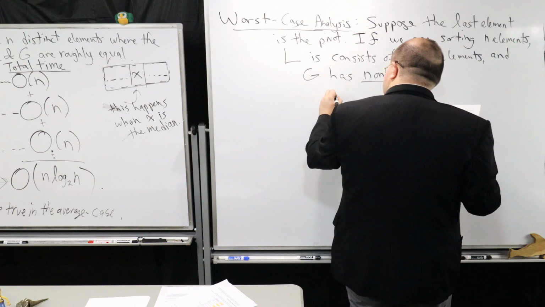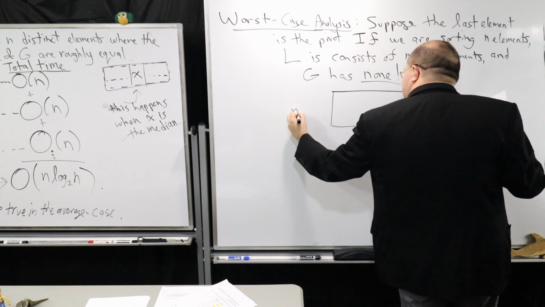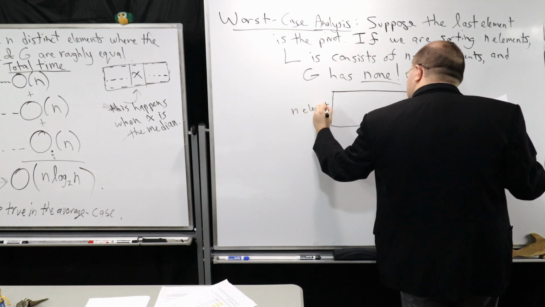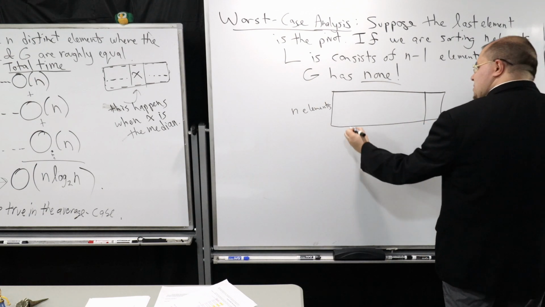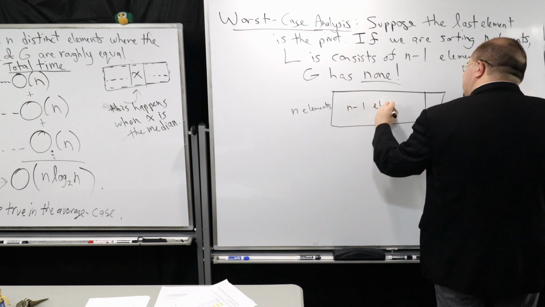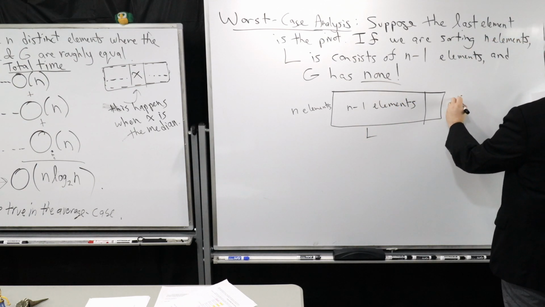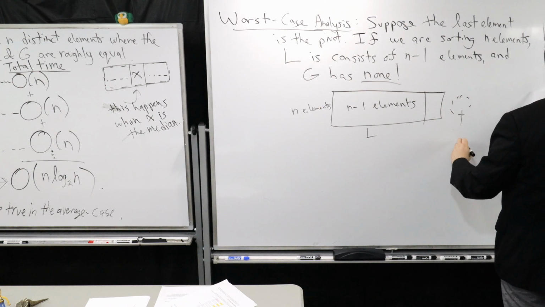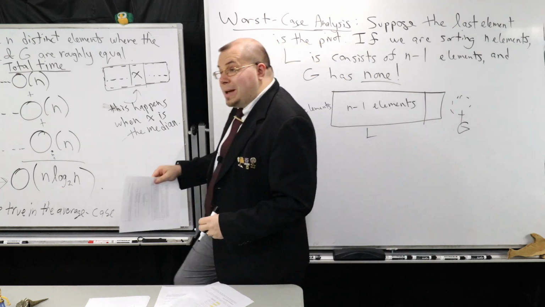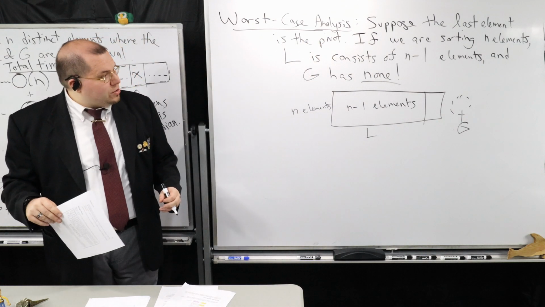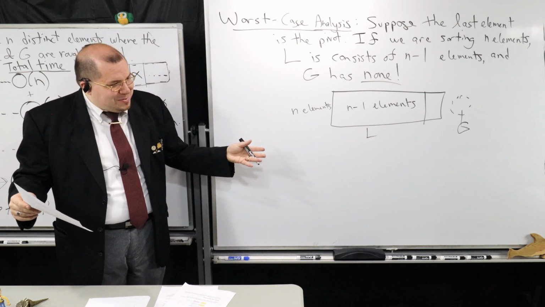So imagine you have an array with n elements. So the pivot goes right here at the end. That means that there's n minus 1 elements. So this would be L. G has nothing. There's no elements in G. So when you make the second recursive call, what will happen is it will just simply be the base case and it'll just stop.